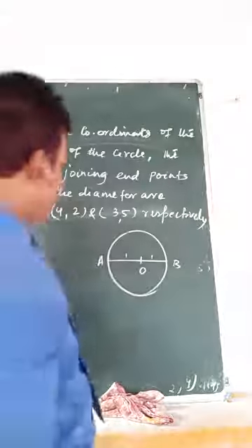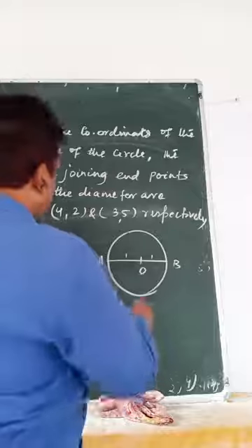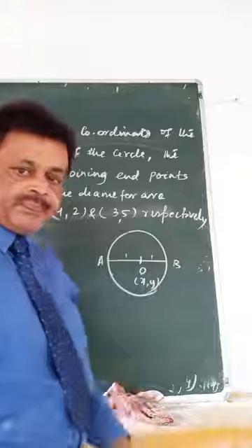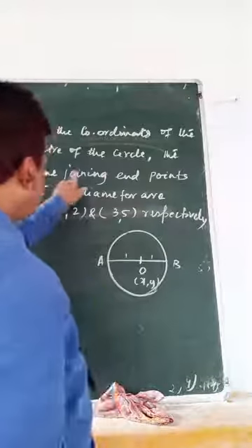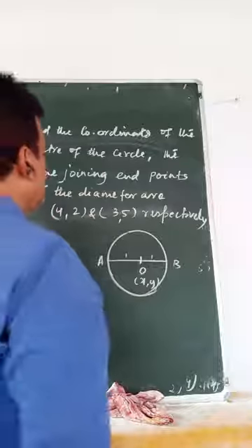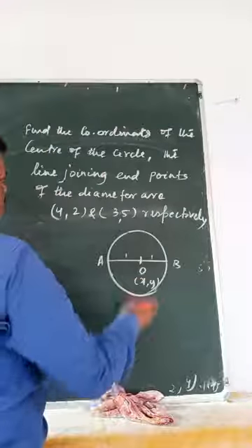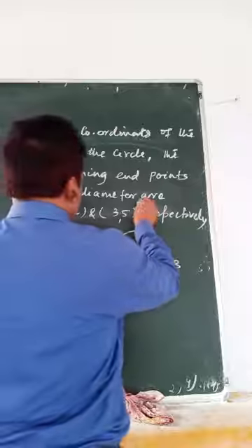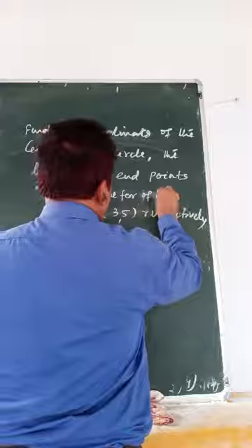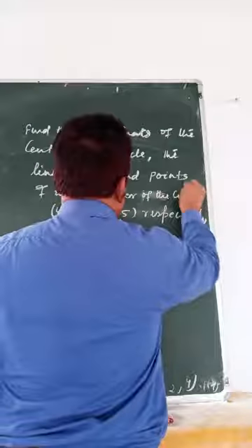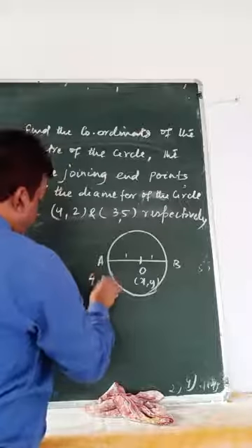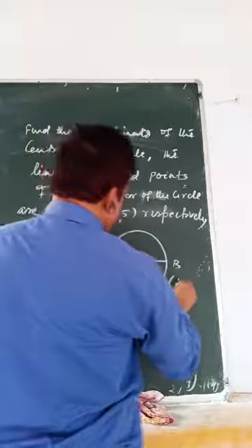Okay, what is given? Find the coordinate of the center, means O you want to find out. The line joining the end points of the diameter of the circle: this is (4, 2), this is (3, 5).